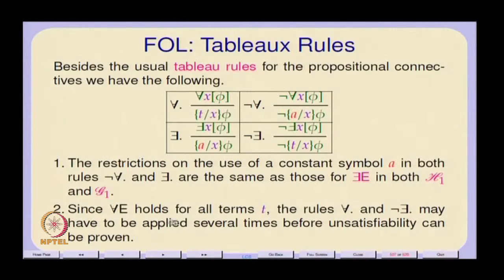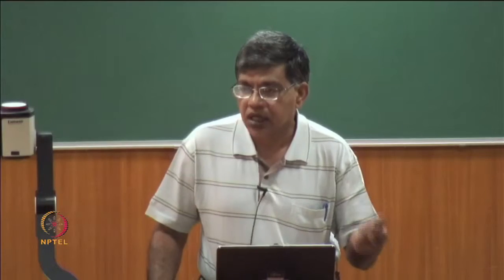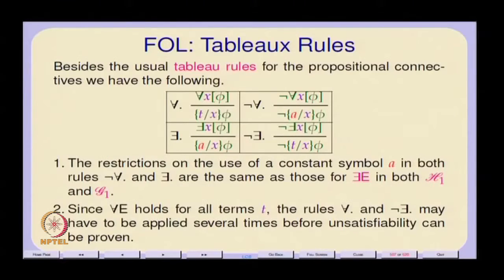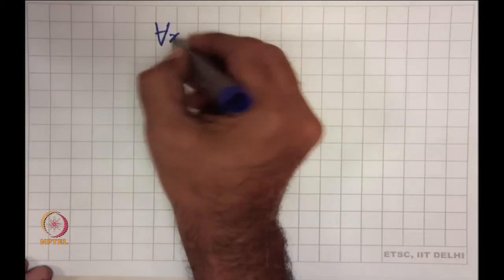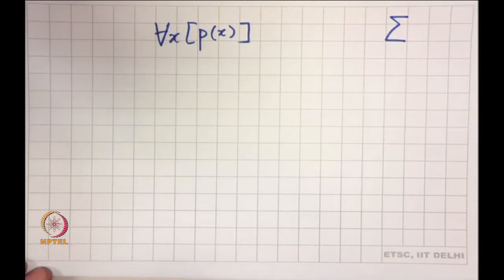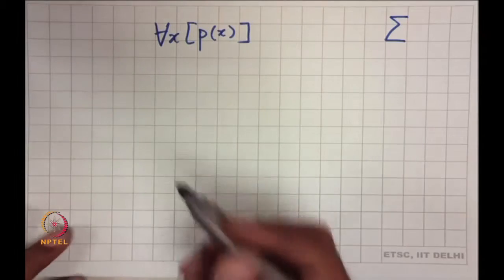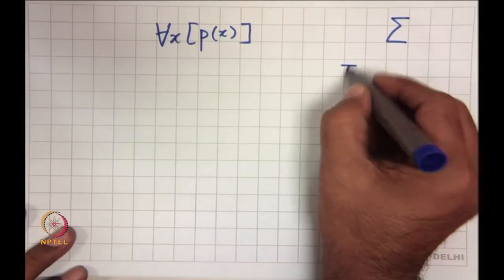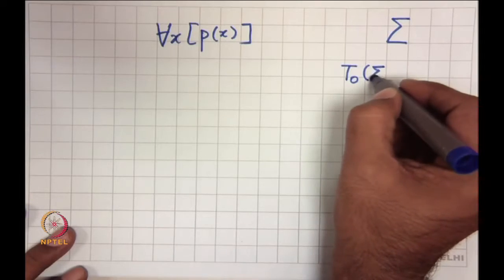The other thing is that theoretically, if I take some unary atomic predicate P and consider for all x, Px, over some signature sigma, then what this rule says is that you have to take the entire set of all ground terms.